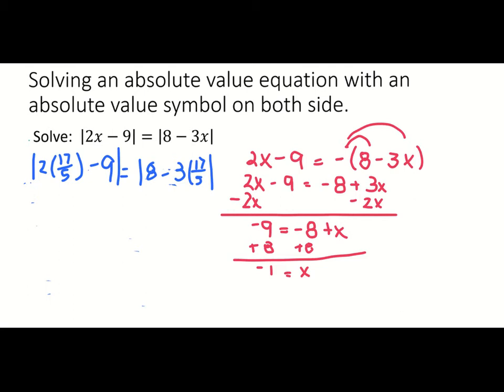Okay, so when we multiply here, 2 times 17 will give me 34 over 5 minus 9. And then here we will have 8 minus 51 over 5. Oops, and that's an absolute value.